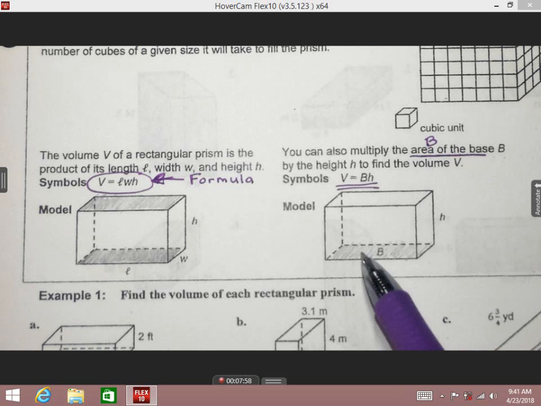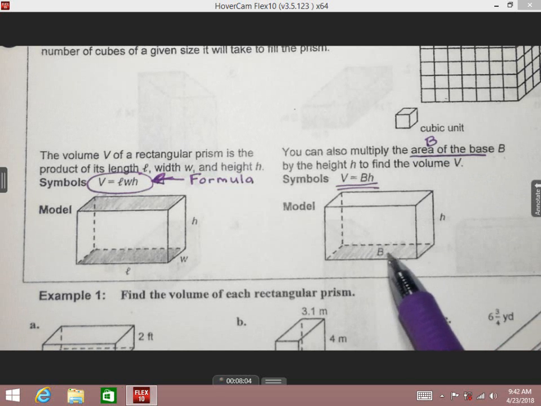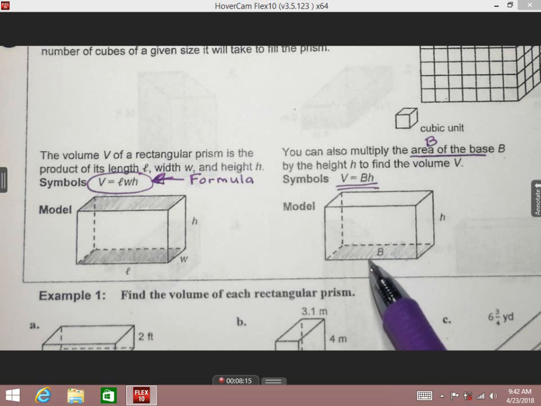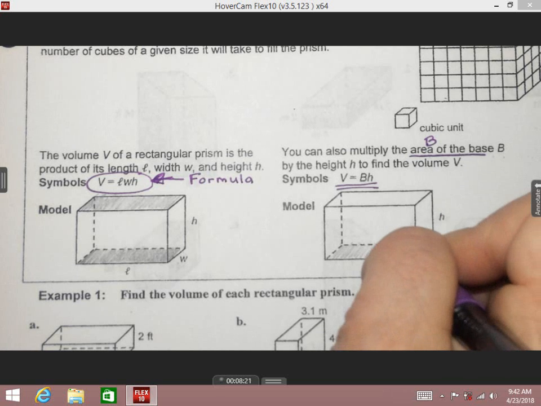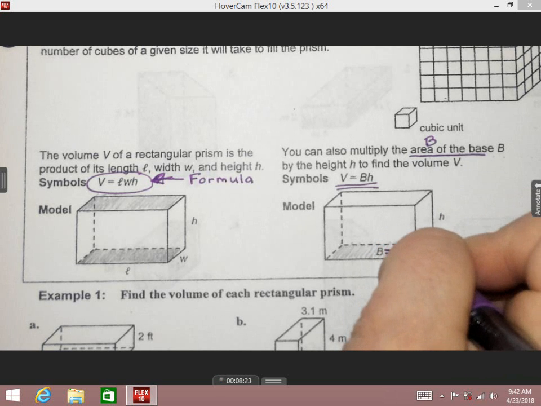How would I find the area of that rectangle? What's a good formula? Base times height. And what's our other formula that we knew even before base times height? Anyone remember? Length times width. So guys, do y'all agree that the area of this rectangle is length times width?